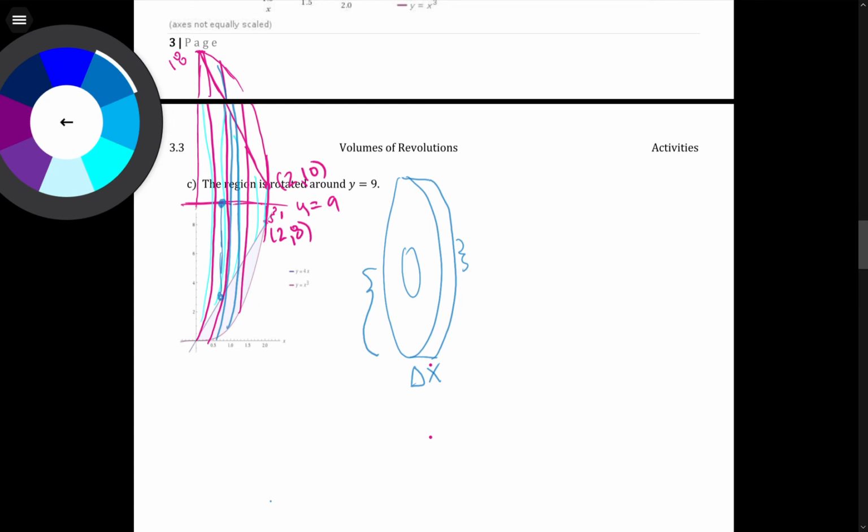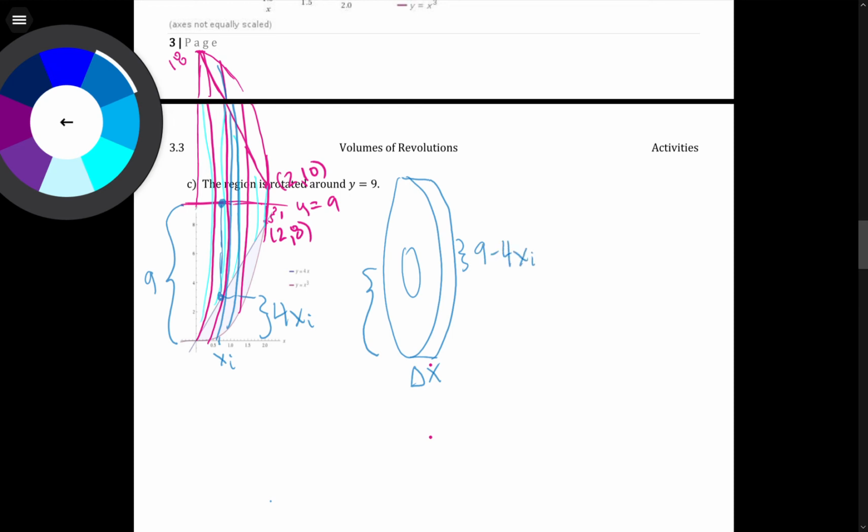I know I'm dropping down this time because that's where my original shaded region was. You always want to reference back to that original shaded region because you have equations for all the boundary curves for that. So if I know this is 9, and this is my x sub i, from the line it's a 4x sub i, then the inner radius is 9 minus 4x sub i.